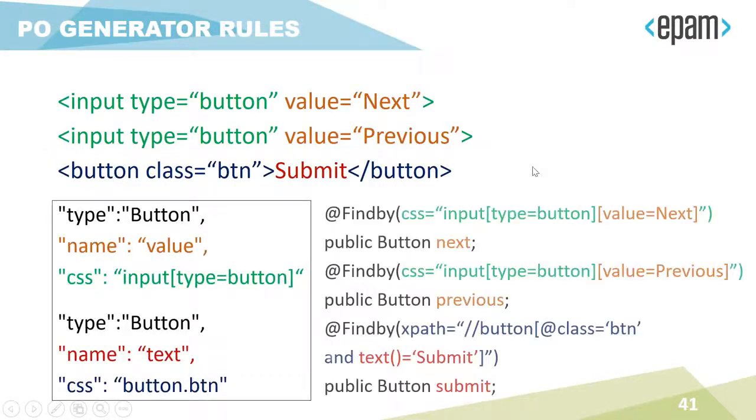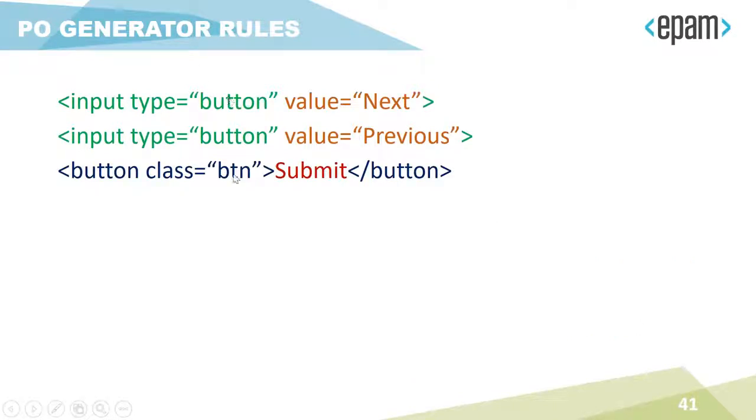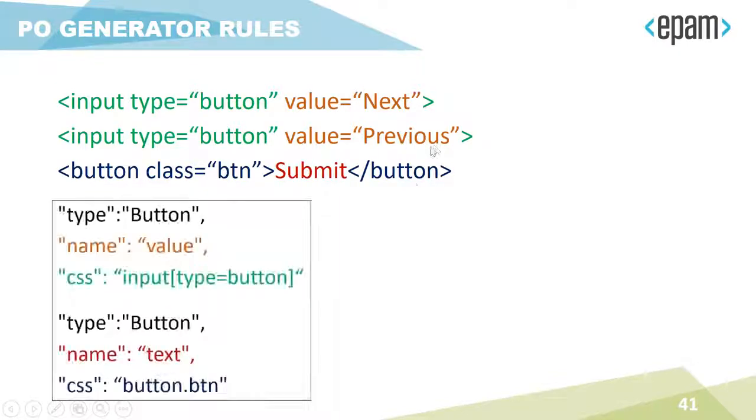Just an example here, we have this HTML code for two types of button. One is a button with class button, and the second one is an input type. And we have these three buttons, and two of them have a similar layout but different values. We will have two rules for these buttons, one for input type and one for button.